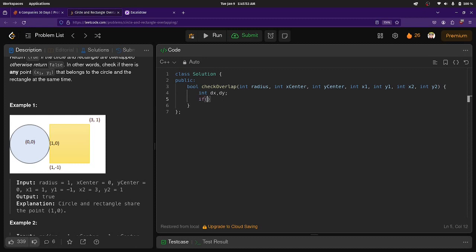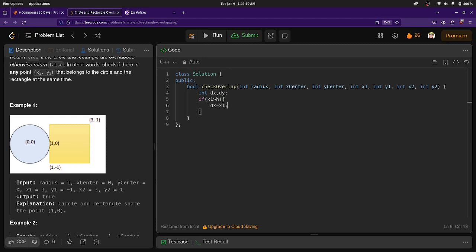So if x1 is greater than h, then dx equals to x1.